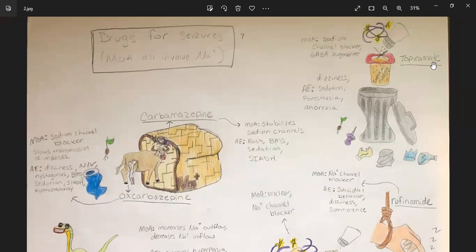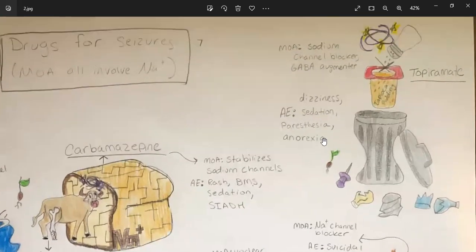Next, we have topiramate. In this picture, we have some tapioca pudding. Someone tried to put some salt in it, and that's disgusting. I now have to throw away my tapioca pudding into the garbage because this is a sodium channel blocker. So we have sodium, there's an X here, it's blocking, sodium channel blocker, and then a GABA augmenter.